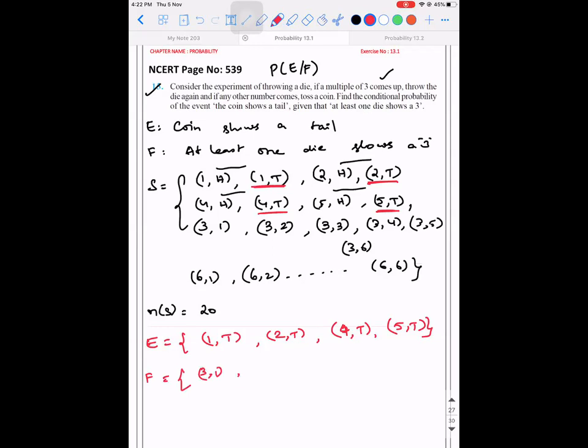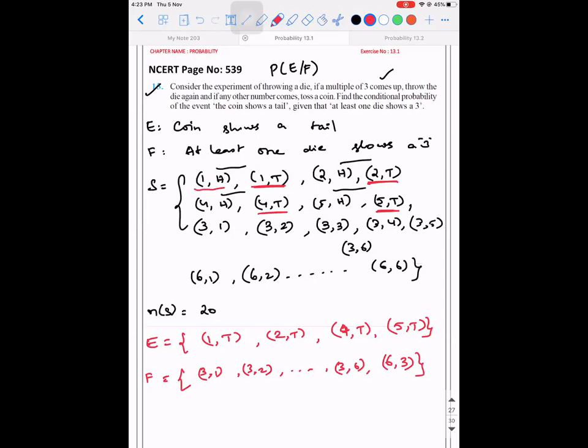So 3 comma 1, 3 comma 2, so on till 3 comma 6, and you will have 6 comma 3. Sir, even 1 comma 3, 2 comma 3 also. 1 comma 3 is not possible. If 1 comes, what are you going to do? You are going to toss a coin.